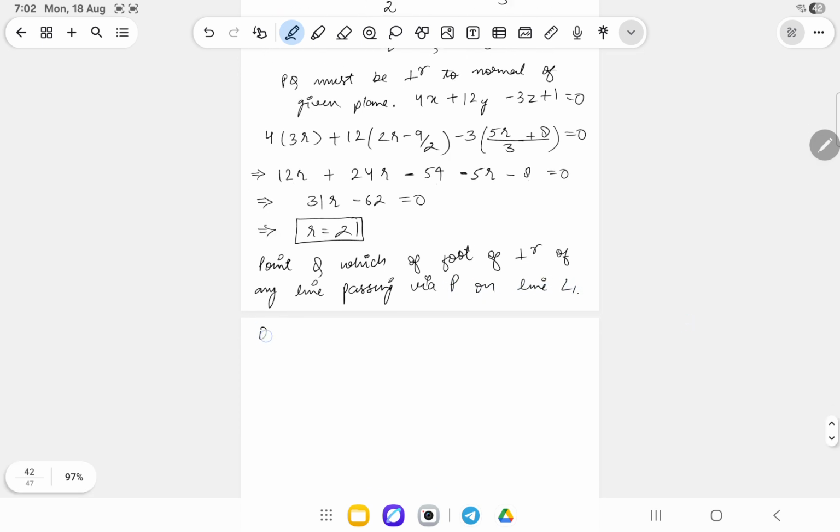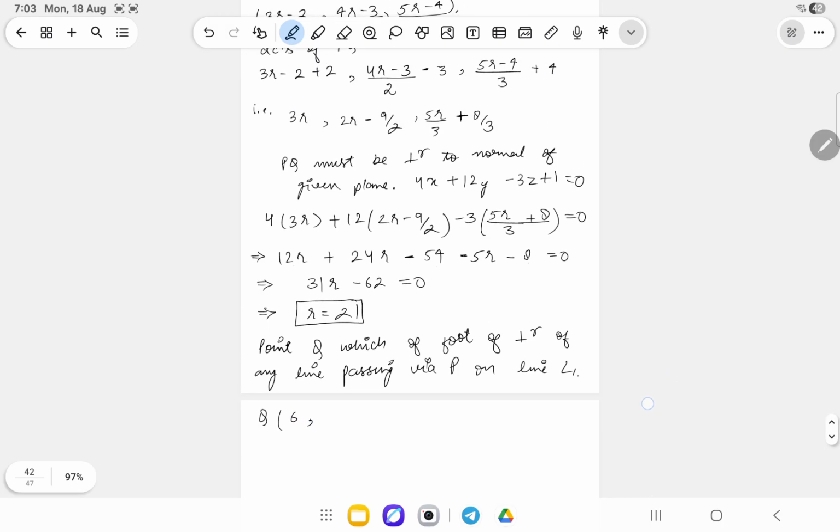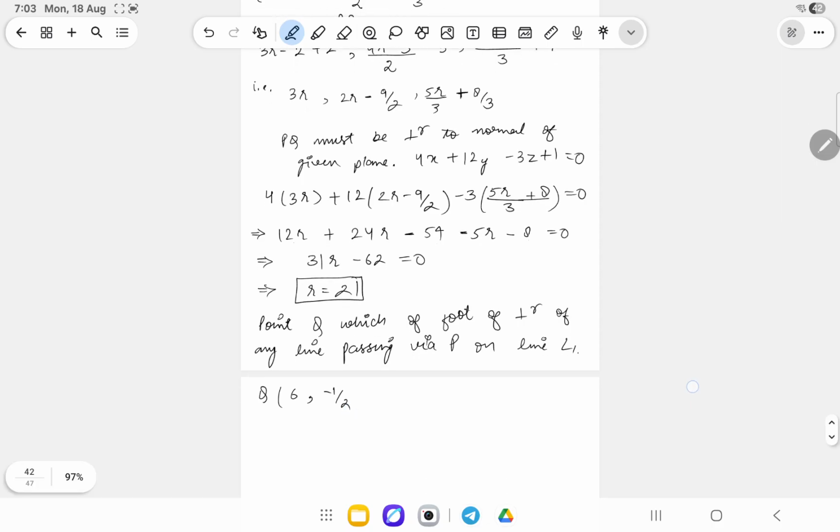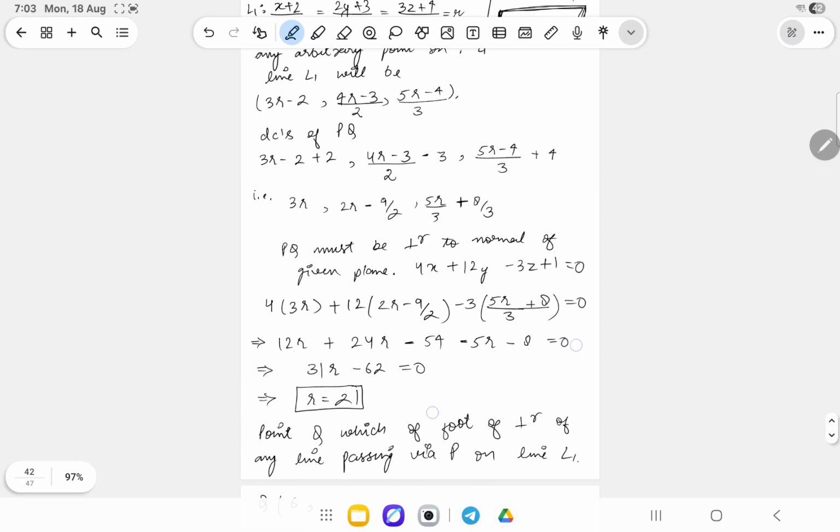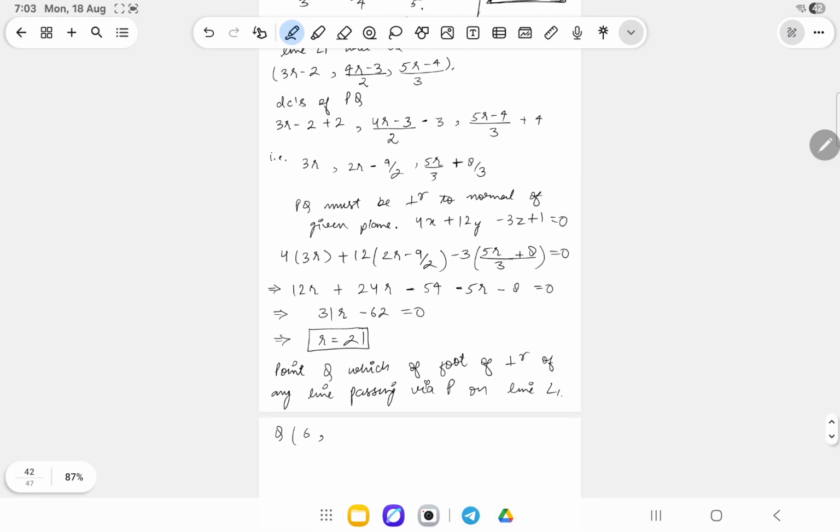So my point Q is 3 twos are 6 minus 2, 4, then 4 into 2 minus 3 by 2, and 5 into 2 minus 4 by 3.